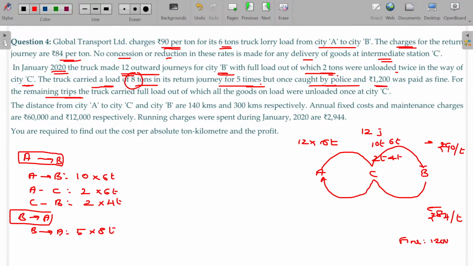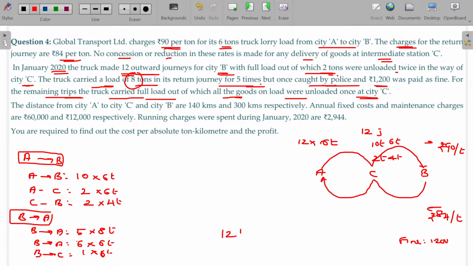For the remaining trips, the truck carried full load, out of which all goods on load were unloaded once at city C. So B to A, another 6 times. Full load, 1 time. And thereafter C to A is empty.